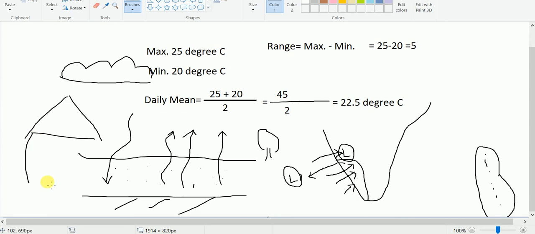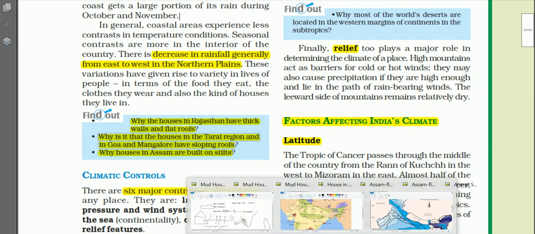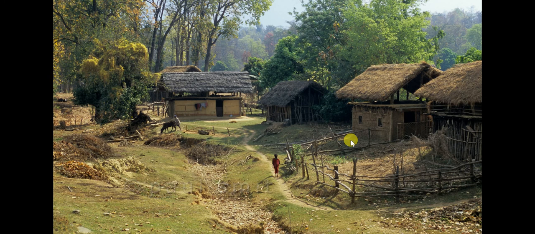Not only in Terai, but in Mangalore and Goa also we find sloping roofs, and we have a photograph here. This is a typical rural house in the Terai region of Nepal. I think you will find thatched roof houses having steep slopes.